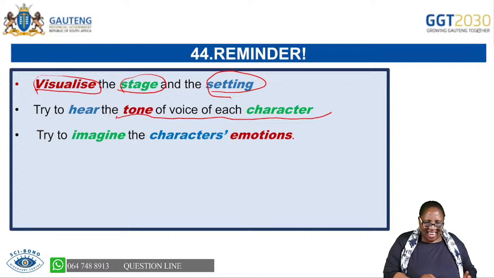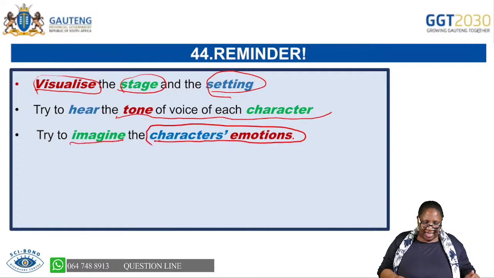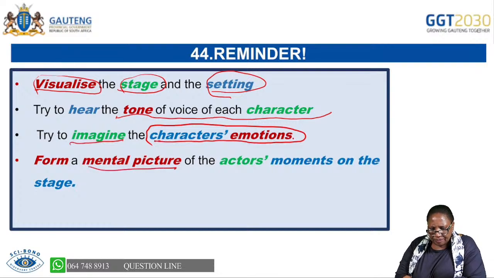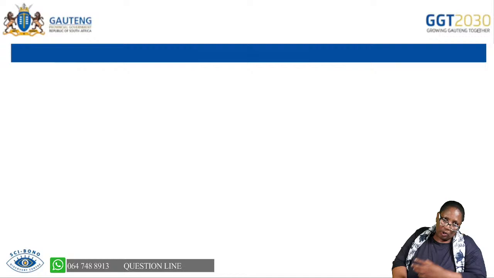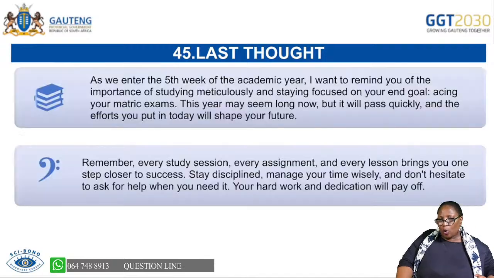You must also try and imagine the character's emotions, the emotional impact. You must form a mental picture of the actor's moments on the stage. This time, the stage is what? It's your book. So you are creating those memories or those scenes in the stage of your mind.